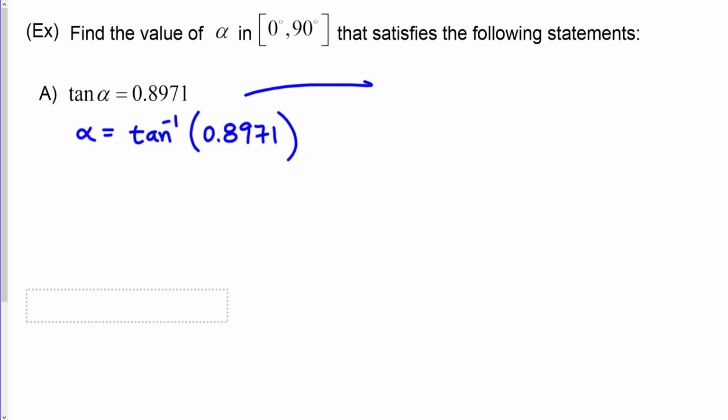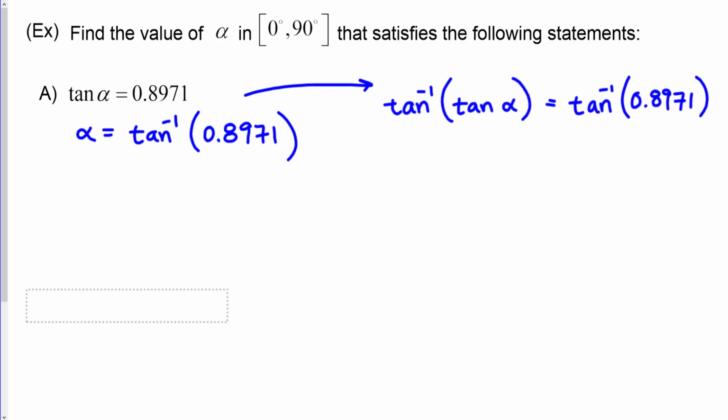If I start with tangent alpha equals 0.8971, and I take the arctangent of both sides, arctangent and tangent are inverse functions. Inverse functions mean when you apply one operation and get an output value, and put it into the inverse function, you get right back to where you started from. So arctangent and tangent cancel each other out. That's why I'm using this next step in the operation.